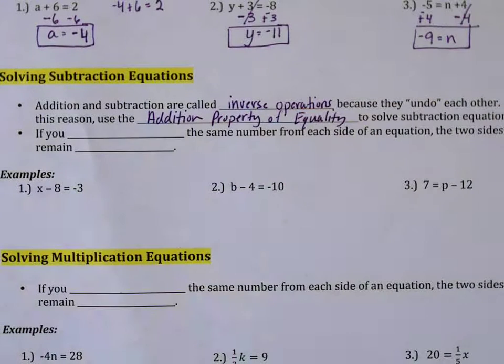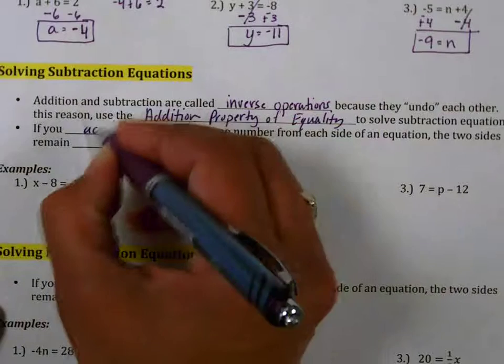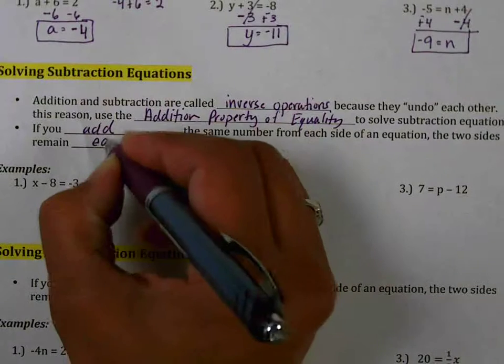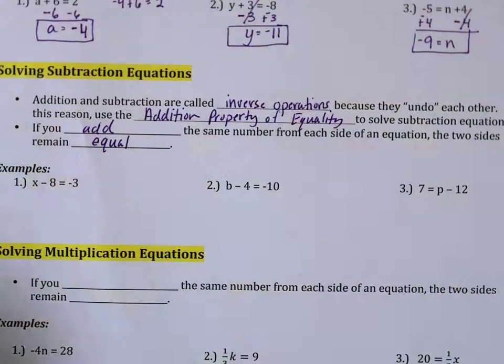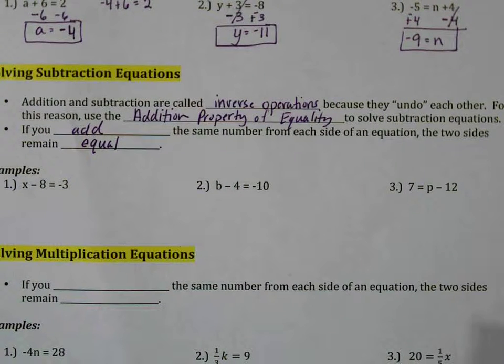to solve subtraction equations. If you add the same number to each side of an equation, the two sides remain equal. So when we're solving an equation, we are undoing operations. We're using inverse operations to figure out our answer.